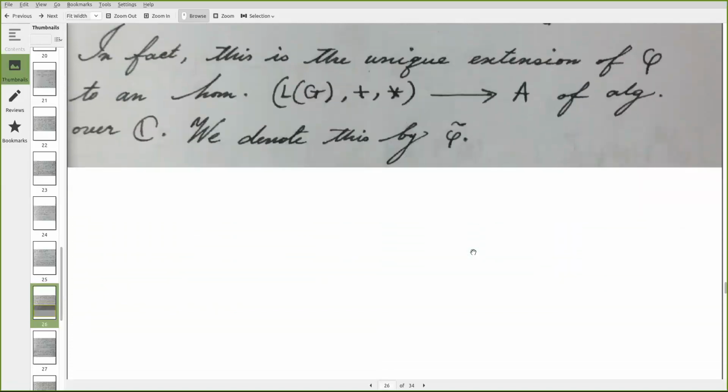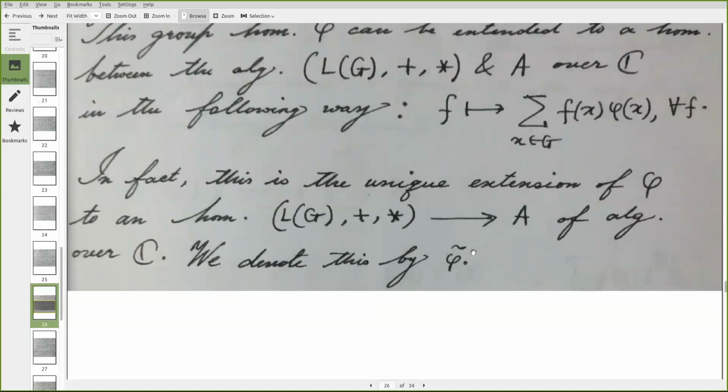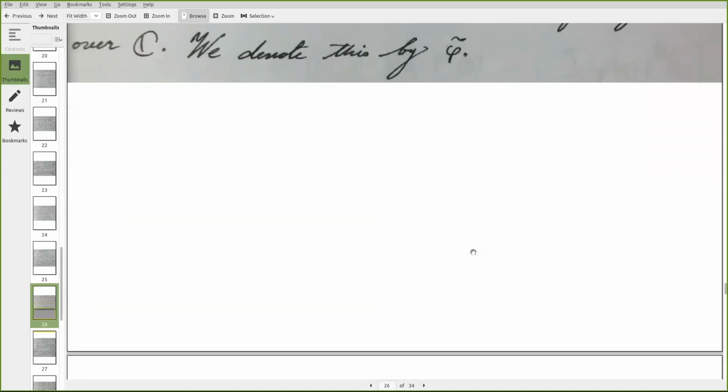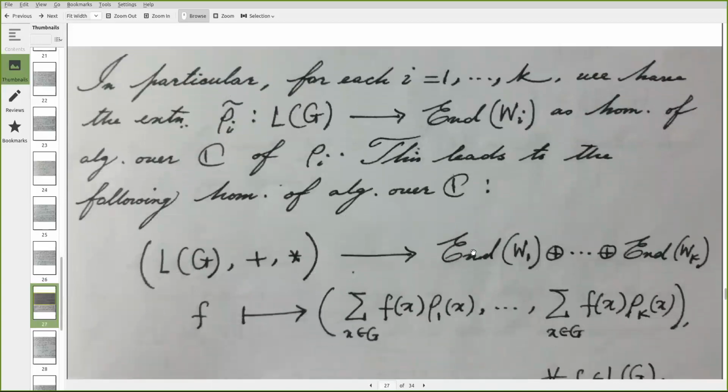Okay. So now it is quite clear how, given a homomorphism from G to A star, to extend it to a homomorphism of algebras from LG to A. In particular, we know that for each i, we have a homomorphism from G to GL of W_i, which is, according to our notation, rho_i. Since it's a homomorphism from G to GL of W_i, we can extend it to LG, a homomorphism of algebras between LG and endomorphisms of W_i.